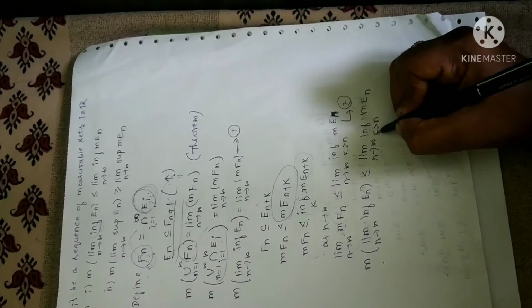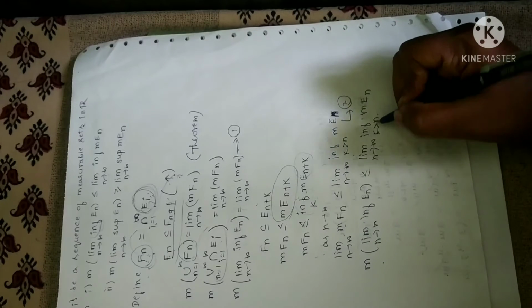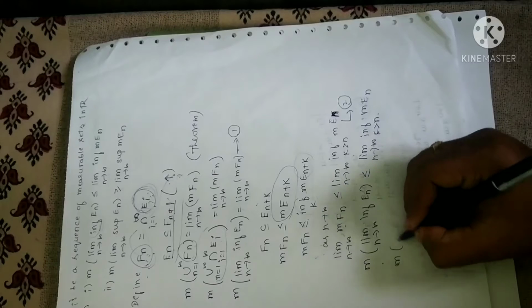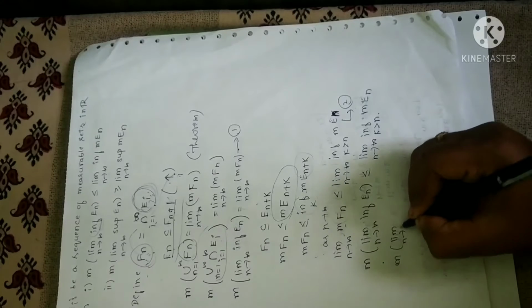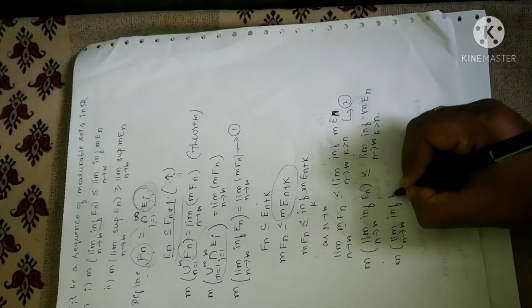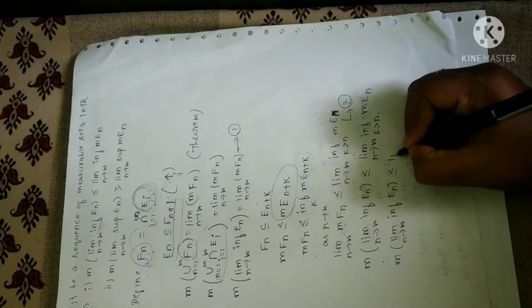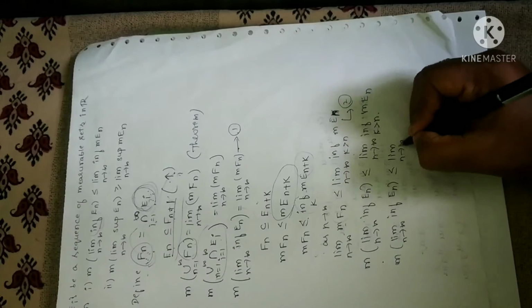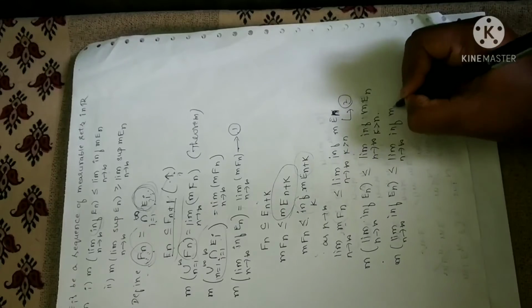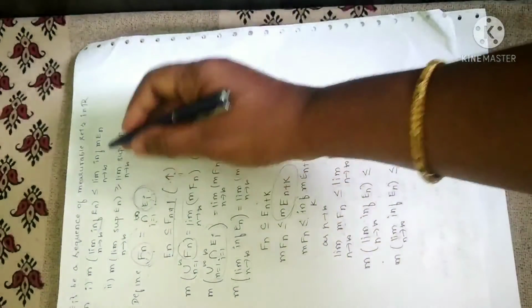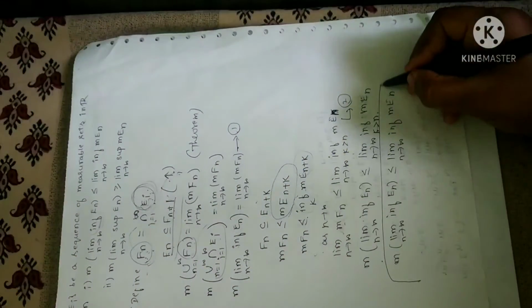It is understood whether you write this or not. It doesn't matter. Anyhow, let me rewrite this. M of limit n tending to infinity, infimum of En is less than or equal to limit n tending to infinity, infimum of m of En. So this is what we have to prove as per the first one.